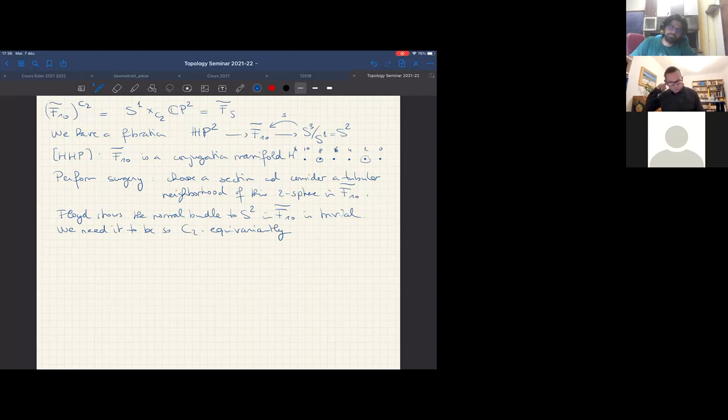To do that, we apply a theory developed by Lück and Uribe about equivariant classifying spaces for equivariant bundles.